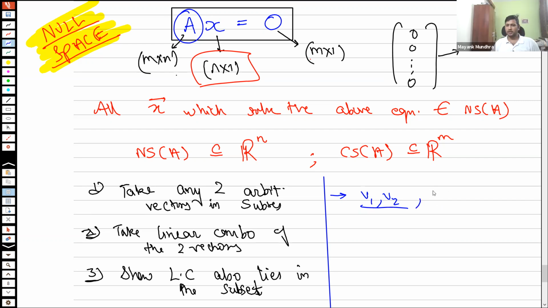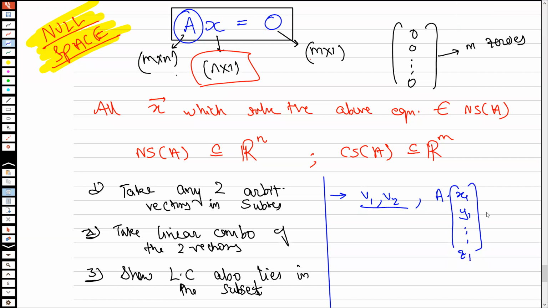A into V1 would be a vector, right? X1, Y1, till M, and Z1 till N.